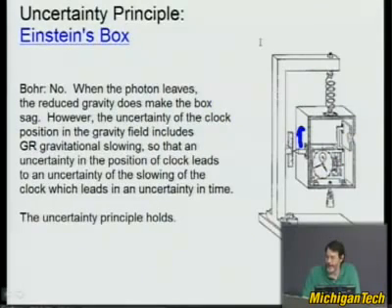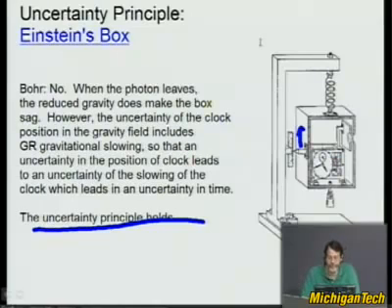However, the uncertainty of the clock in the gravitational field includes gravitational slowing, because this was after general relativity. And so you don't know exactly where this box is in the gravitational field. An uncertainty in the position of the clock leads to uncertainty in the slowing of the clock, which leads to uncertainty in time. So all of this ends up, if you do all the details, the uncertainty principle holds again.